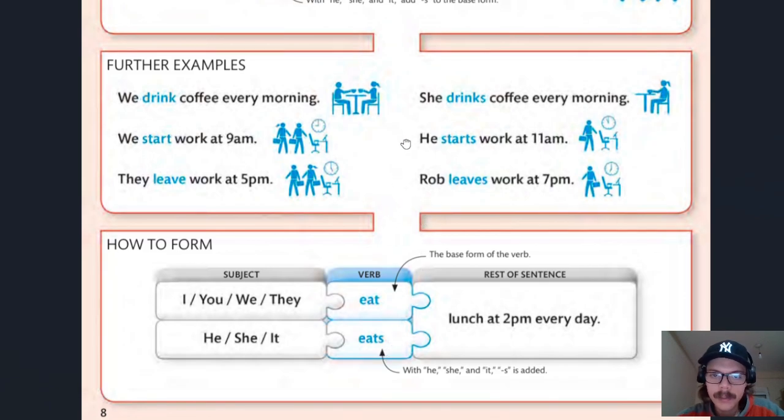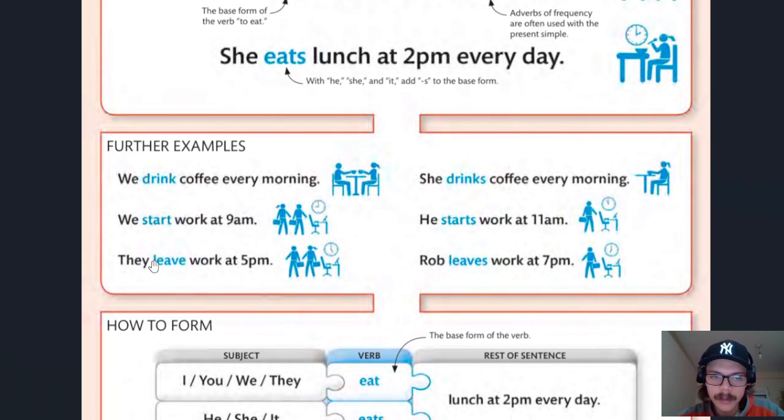And you'll see that in the examples we read, it's exactly like that. We have these that are plural, right? We and they. They don't have the s on their verb. But here we have third person singular, she and he, which do have the s on their verbs.